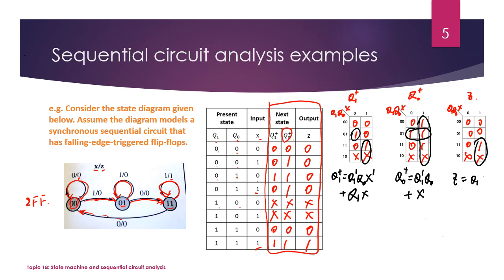Q1 and X. Okay, but I think I didn't make something clear here: this Karnaugh map is actually not for the outputs Q1 plus and Q0 plus. If we use D flip-flops, it should be for the inputs of the flip-flops. Okay, it's D1, D0 if we use D flip-flops.